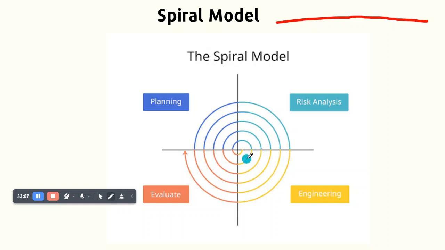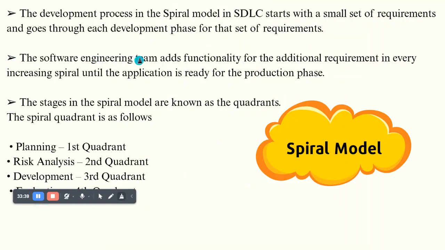For example, take WhatsApp. In WhatsApp there are versions. Day by day, functionality is getting added to the WhatsApp app one by one. That is nothing but building a beta version. To develop a version like that, we use the spiral model. Okay, fine.